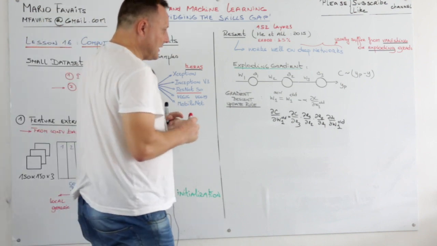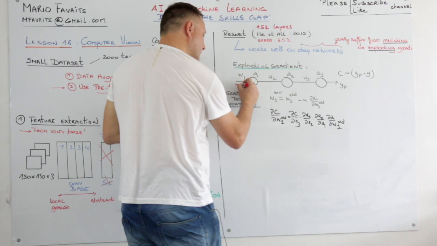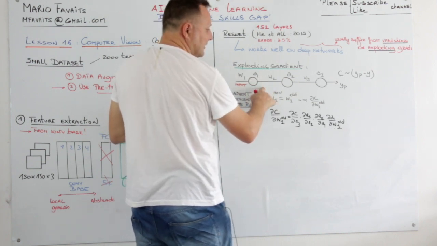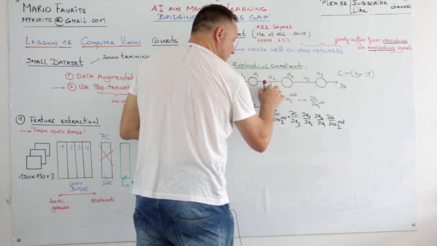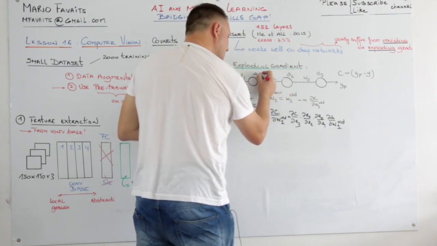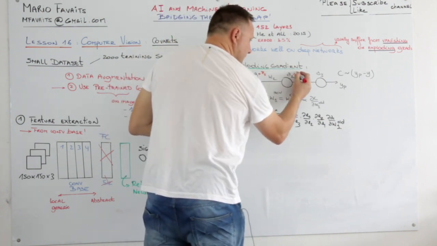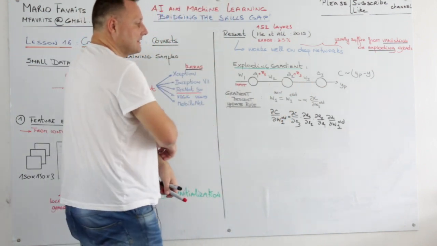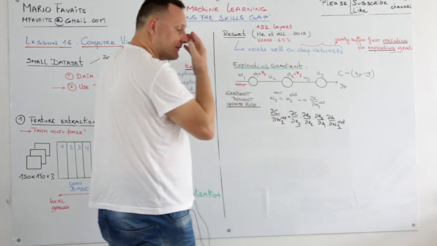So what we're going to do now is, here you have an input, and here you have an output. That is the input for the second node, so let's call this one Z2, and let's call this one Z3. Z3 is the output of this node and is the input of the next node.